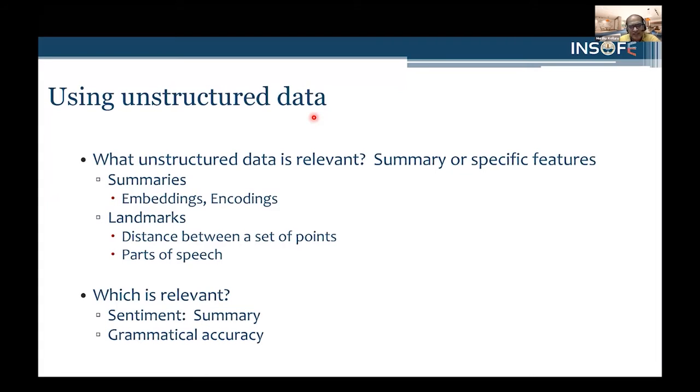If you think about it, as humans we work not only with structured data but also with unstructured data in our decision making. Is this person shouting at me or not? Is this person angry with me or not? Very unlikely that you can assess that from structured data like age, income, gender, because it's a momentary thing.